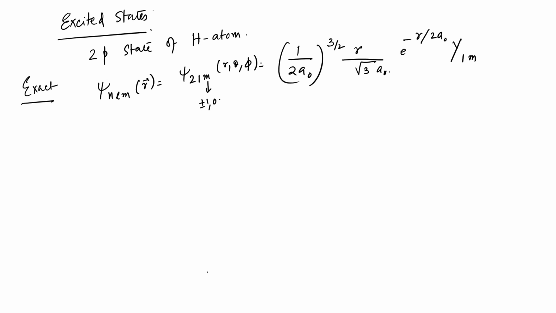This is the exact one, not the variational one. Here l is equal to 1 and m can take 3 values, plus minus 1 and 0. And the exact energy for this is equal to minus e square over 8 a 0, which is close to minus 3.4 electron volt.